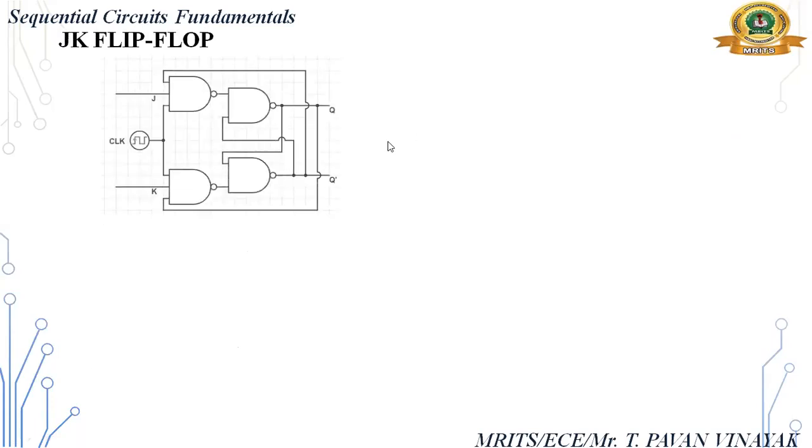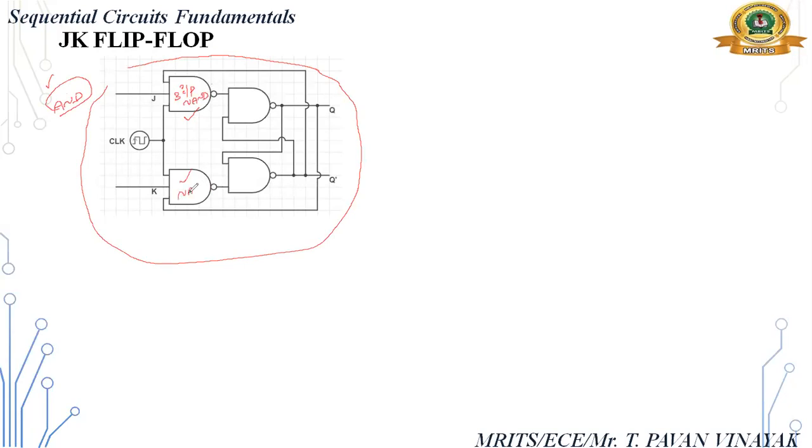Next, characteristic table. Here I am redrawing the circuit. Have you observed? Instead of using AND gates, I am taking a 3 input NAND gate.